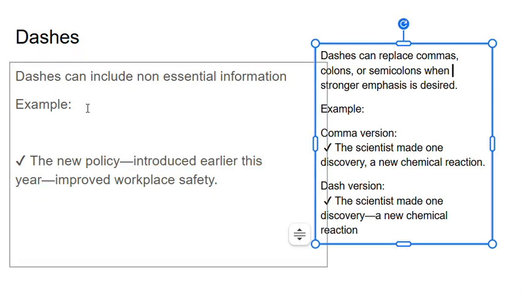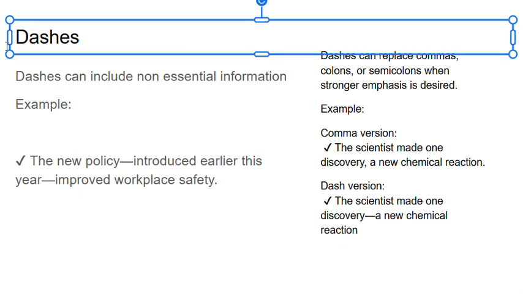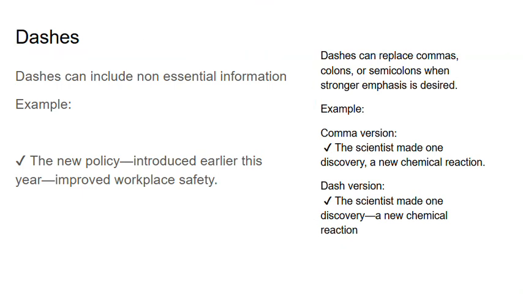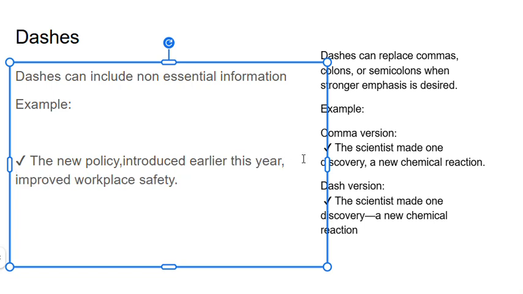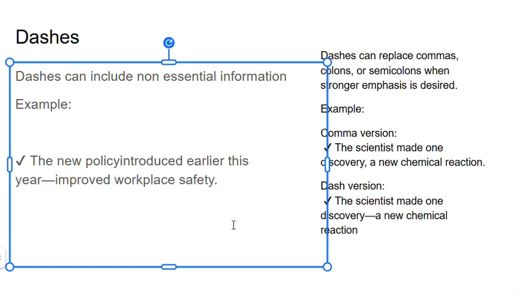And you might be asking, Harish, bro, why are you doing this to me? I thought you said commas separate non-essential information. That is true. So if I put a comma here instead, it still works. Okay, so both a comma and a dash can be used to separate non-essential information.